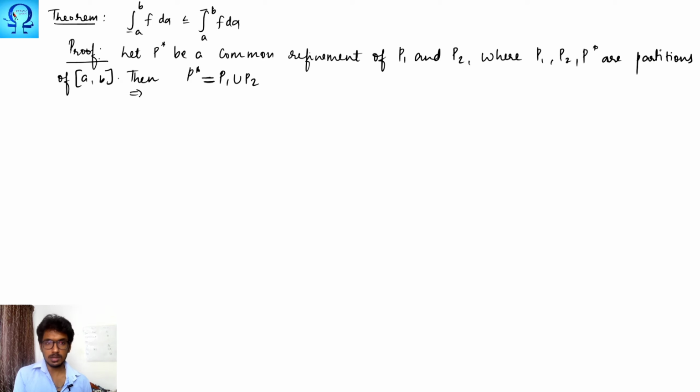This tells you your P1 is contained in P star and your P2 is also contained in P star.